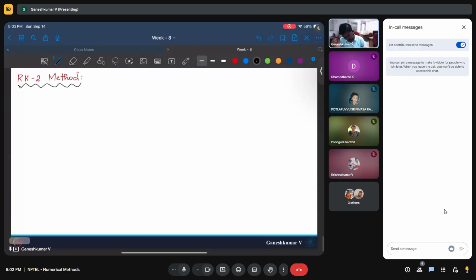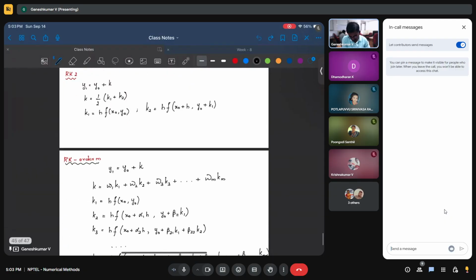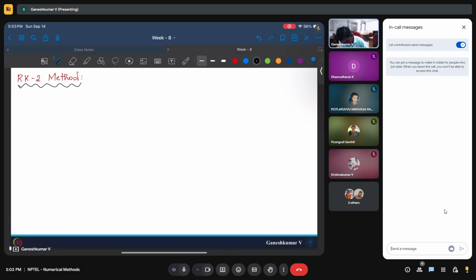Now in the RK2 method, you have to evaluate K1 and K2, and you evaluate K from K1 and K2 and substitute it into the y value. So basically you will have y1 equal to y naught plus K, and K is equal to half of K1 plus K2.